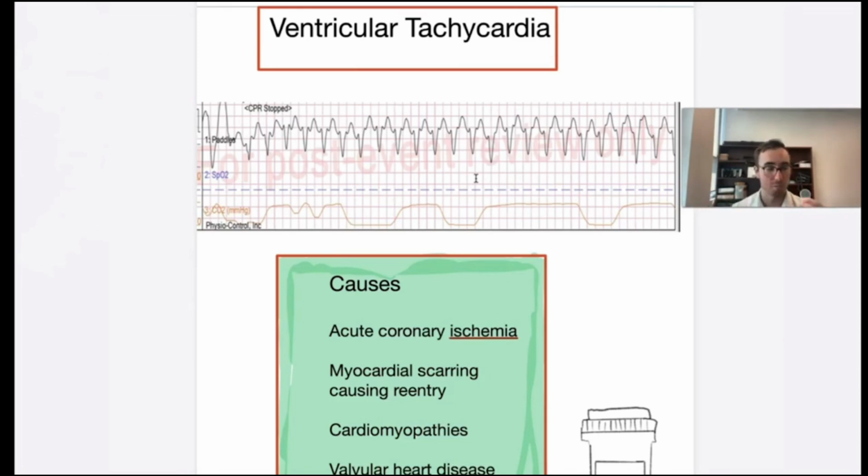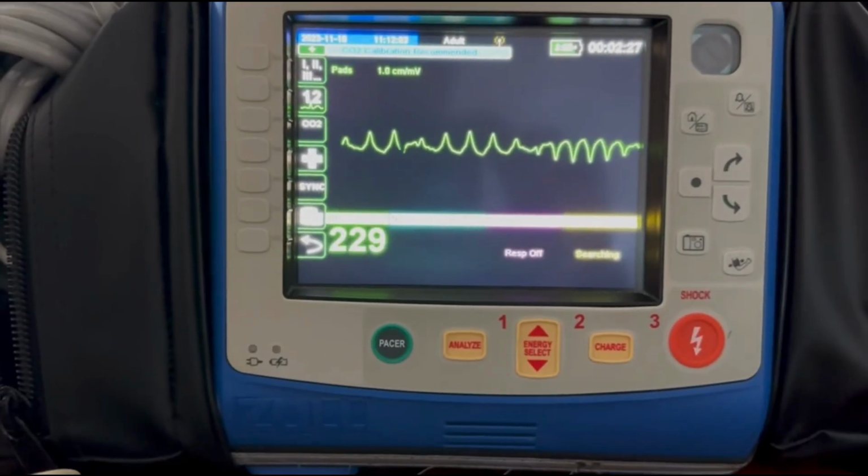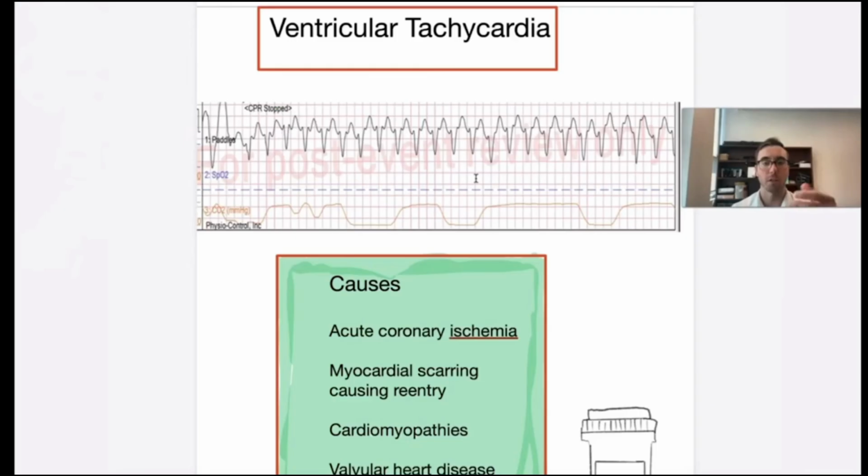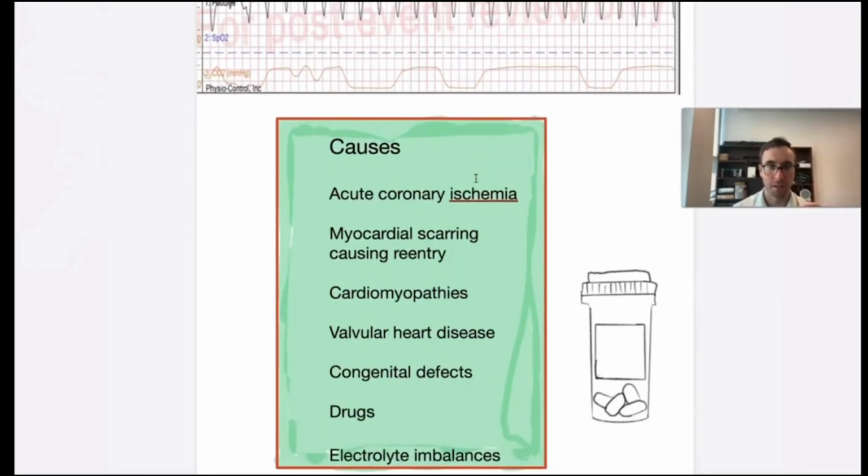You can also have patients in polymorphic ventricular tachycardia, meaning you have different morphologies of your QRS, indicating that it's coming from multiple different spots of the ventricles. You can have a certain subtype of polymorphic ventricular tachycardia called torsades de pointes, and that's typically caused by low magnesium levels and a prolonged QT interval. But again, the causes: acute coronary ischemia, cardiomyopathies, valvular heart disease, congenital defects, drugs, electrolyte imbalances.